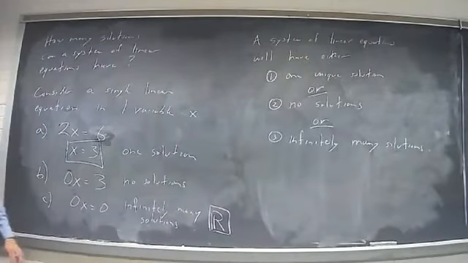We'll have one unique solution, or no solutions, or infinitely many solutions. Those are the only 3 possibilities.